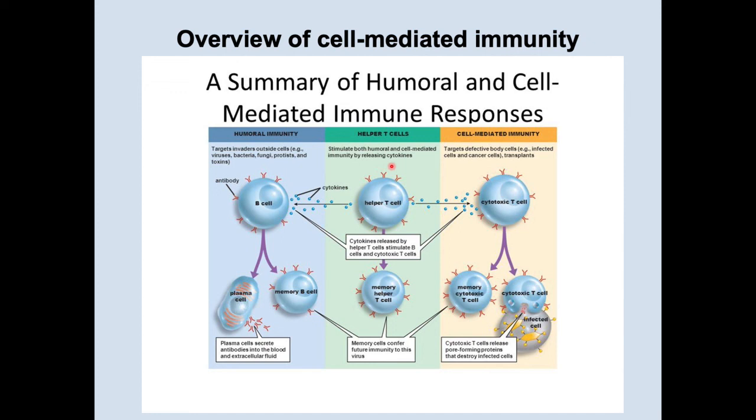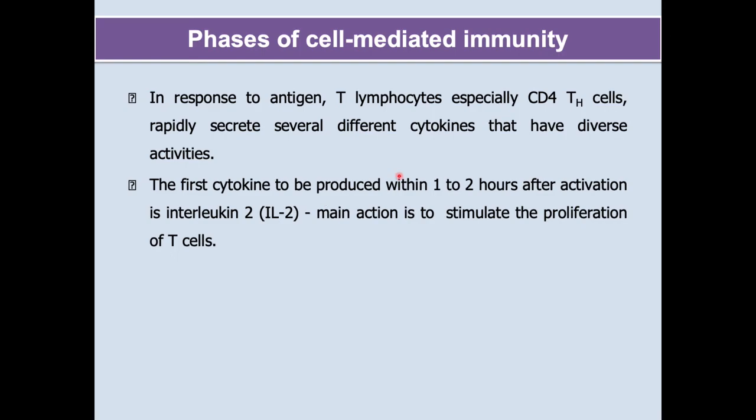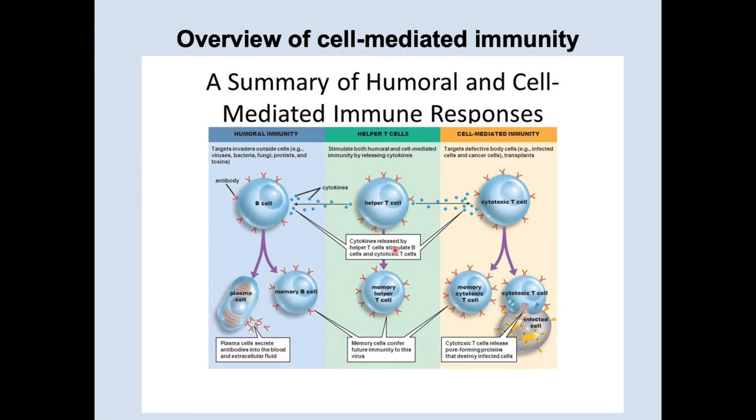But here, to be specific, it will secrete interleukin 2. When it secretes interleukin 2, it will help the cytotoxic T cell to differentiate. And the helper T cell will also differentiate into memory helper T cells. It auto-differentiates.